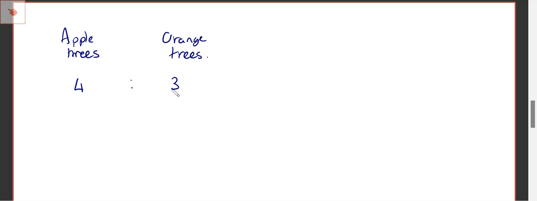But what if I plant one of each tree? What would that ratio be? If I plant one of each tree, it would end up being 5 to 4. Here's my question. Are those two ratios equivalent?